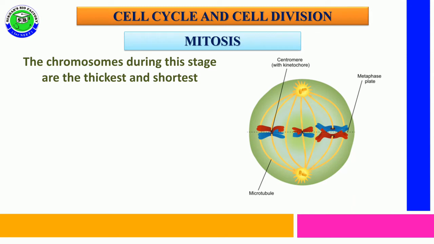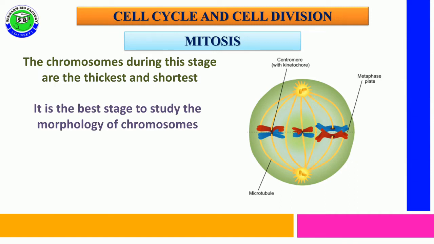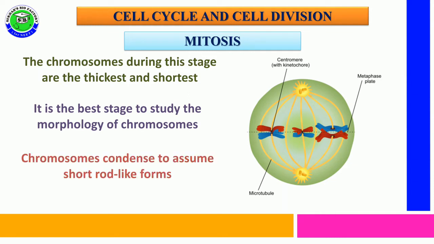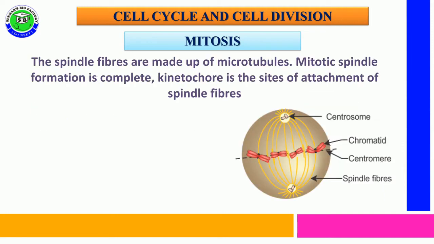The chromosomes in this phase become very short and thick, and metaphase is the best phase to study the morphology and structure of chromosomes. The chromosomes are condensed into a short rod-like form in metaphase itself.